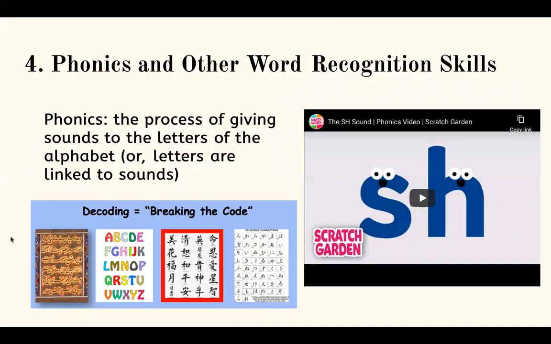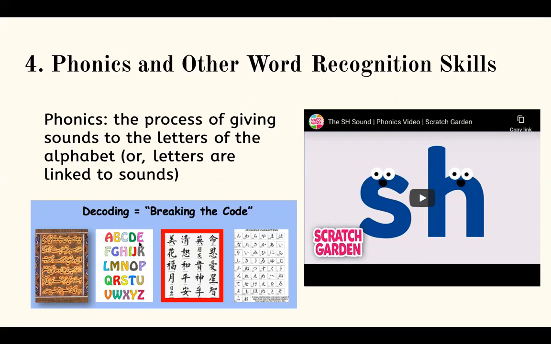Another essential component of literacy is phonics and other word recognition skills. So phonics is really just this process of giving sounds to the letters of the alphabet or letters that are linked to sounds. So in other words, like these phonemes that students can hear in our previous slides, in this context, they are seeing them and recognizing them in text. And really this art of decoding is breaking the code of written language.